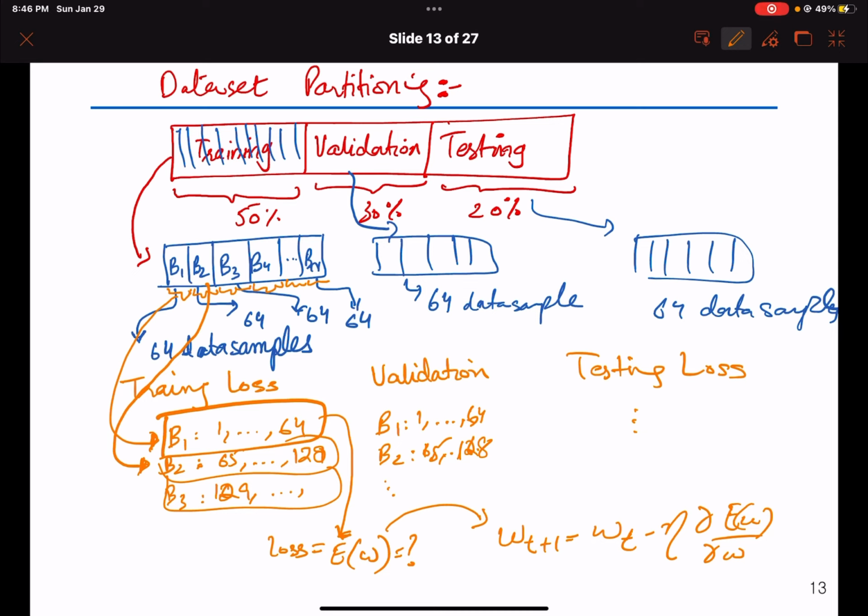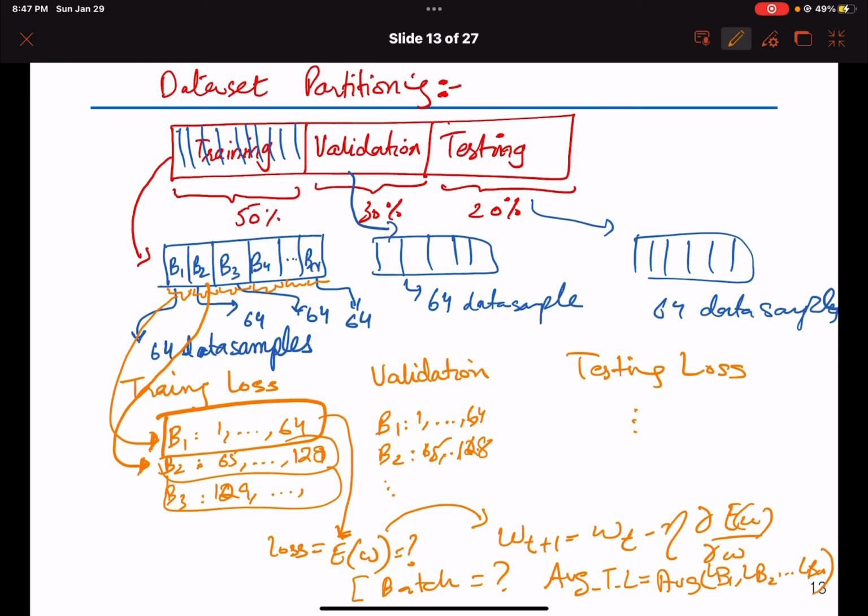You update at each batch, and then you estimate the average training loss, which is the average of the loss of batch 1, loss of batch 2, up to the loss of batch n.